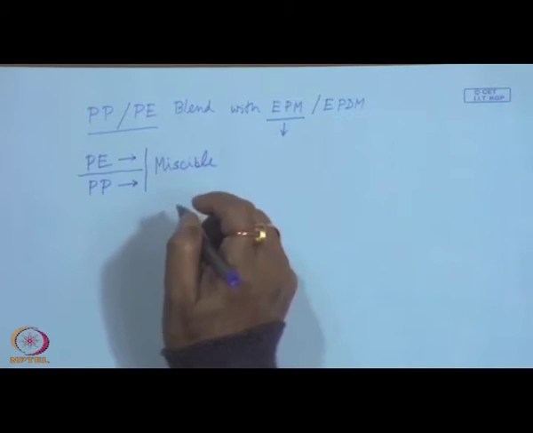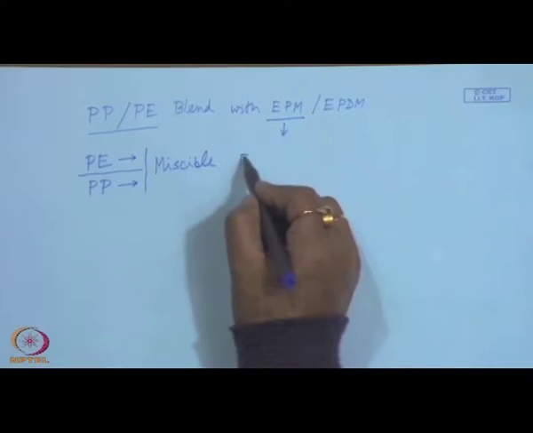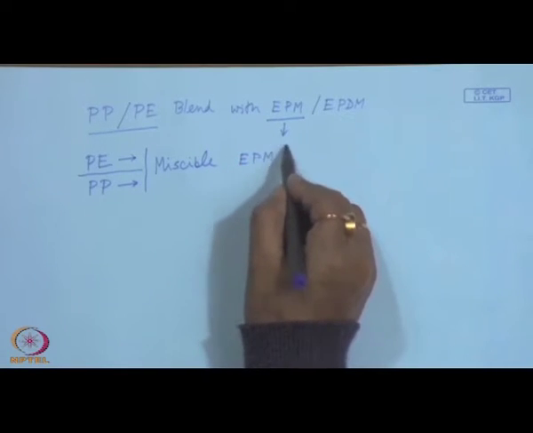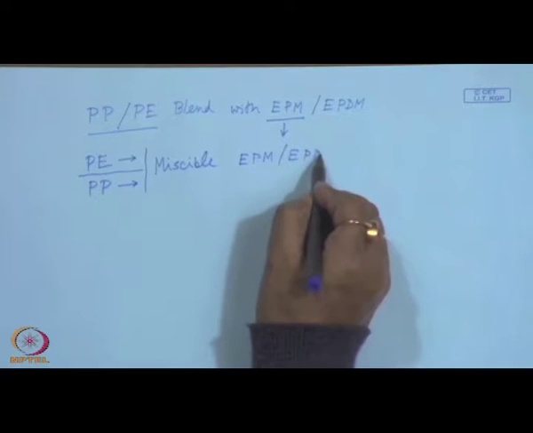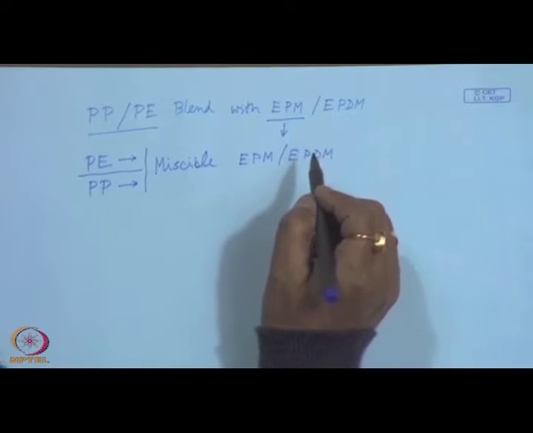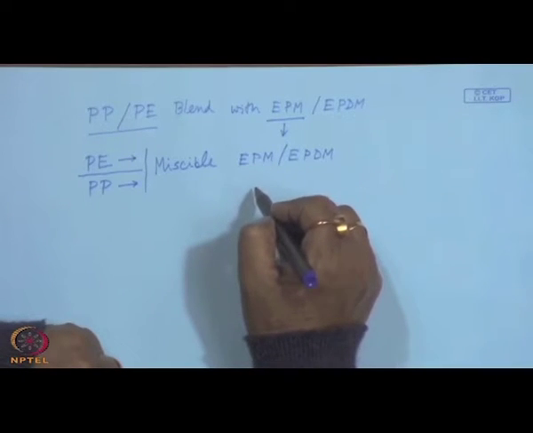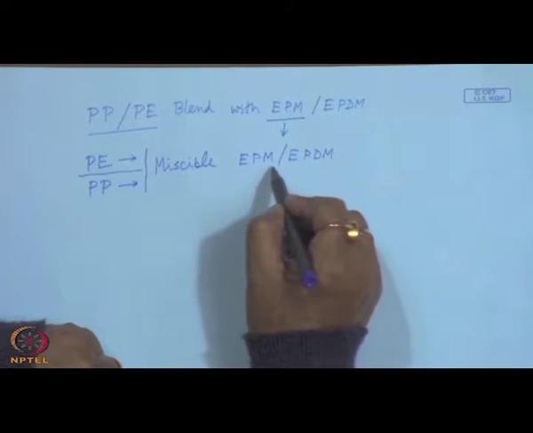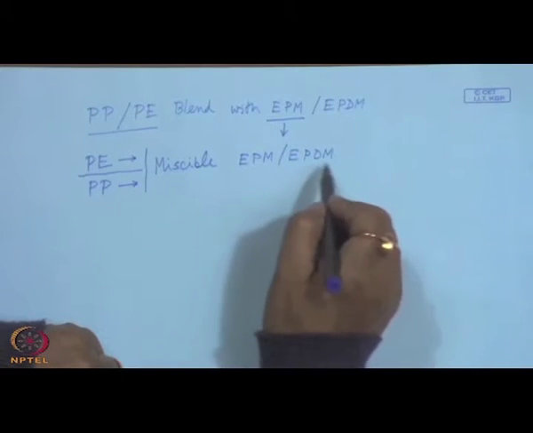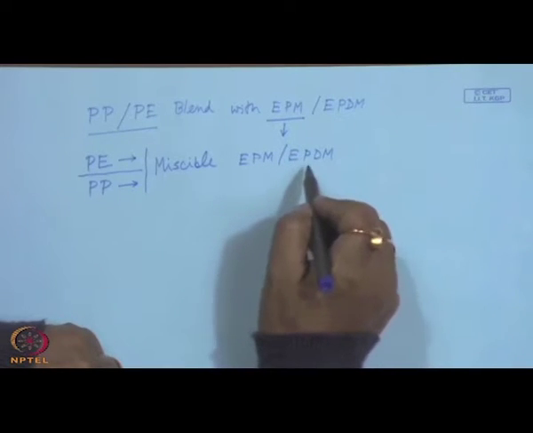In that case, again this EPM or EPDM is a solution to develop compatibility. The reason is very similar. Either EPM or EPDM contains both ethylene and propylene units in their backbone chain.